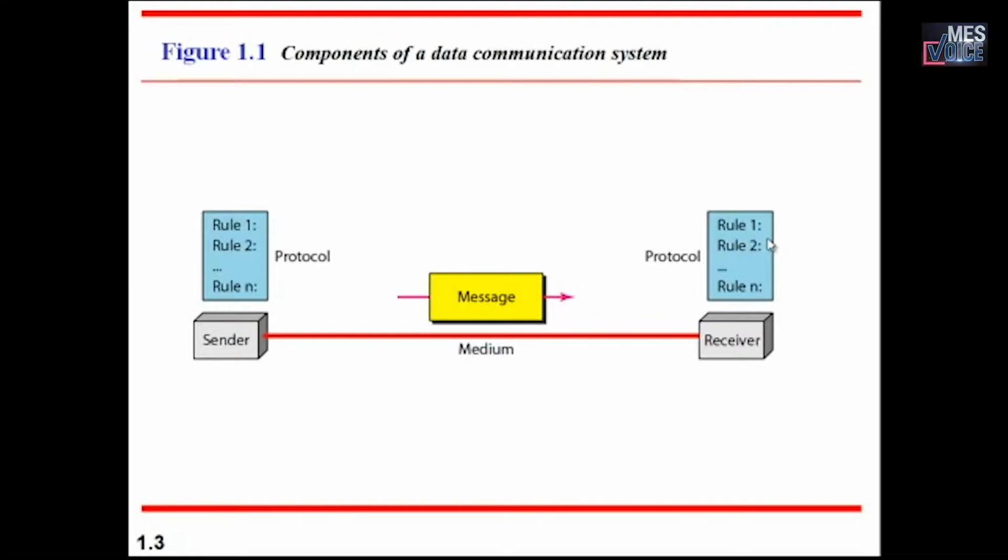So basically, the 5 components of a communication system are the underlying rules and regulations or protocols, a sender and a receiver, a formatted message, and a transmission medium.